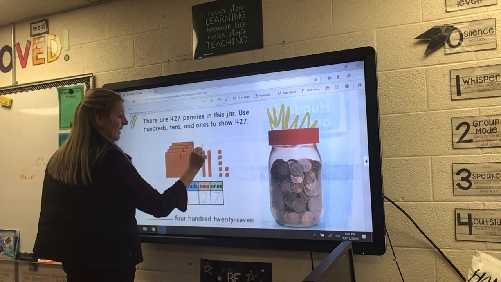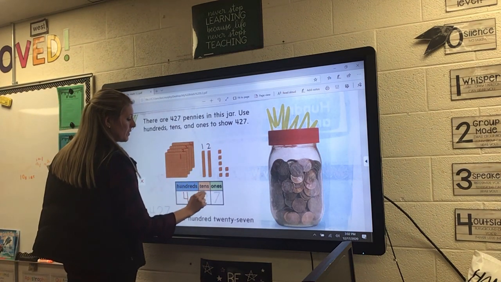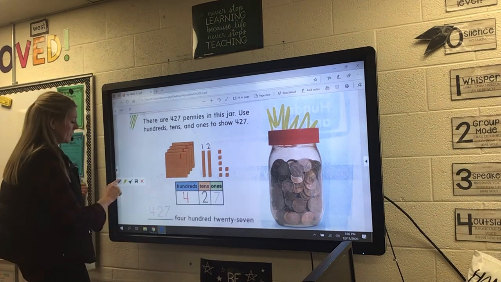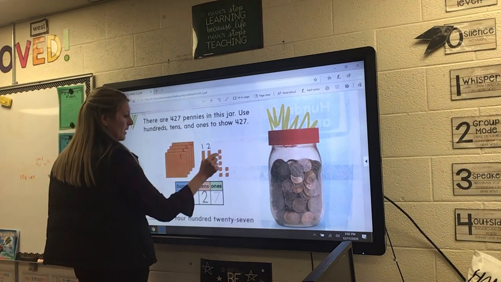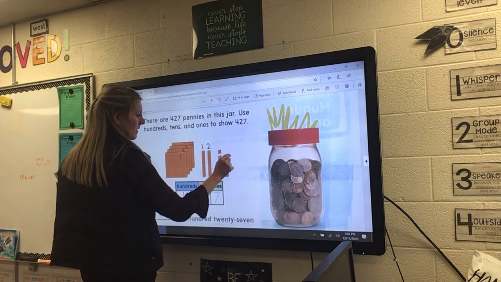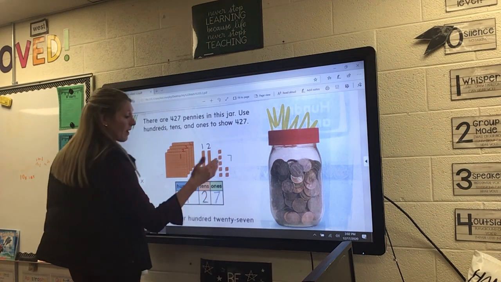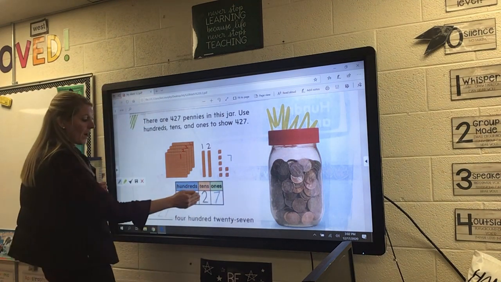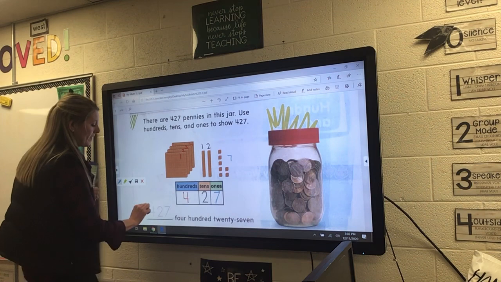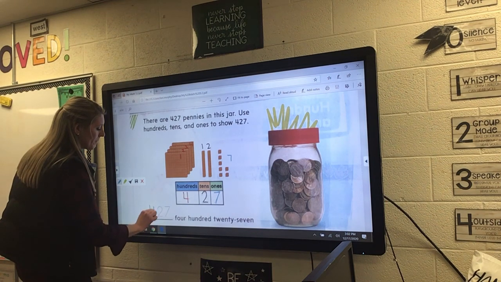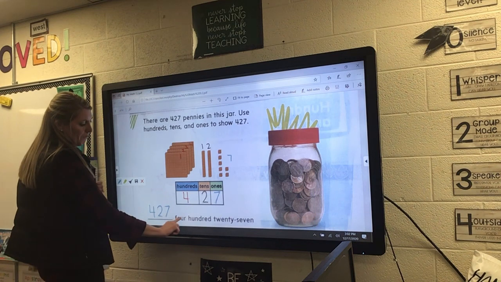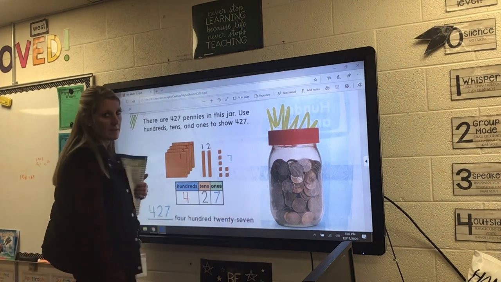Then we have 10, 20. So we've got 2 tens, and then we have 7: 1, 2, 3, 4, 5, 6, 7. So that would be on the far right. So we have 427. Go ahead and trace that number right here too, please. And that is how we read it, 427.